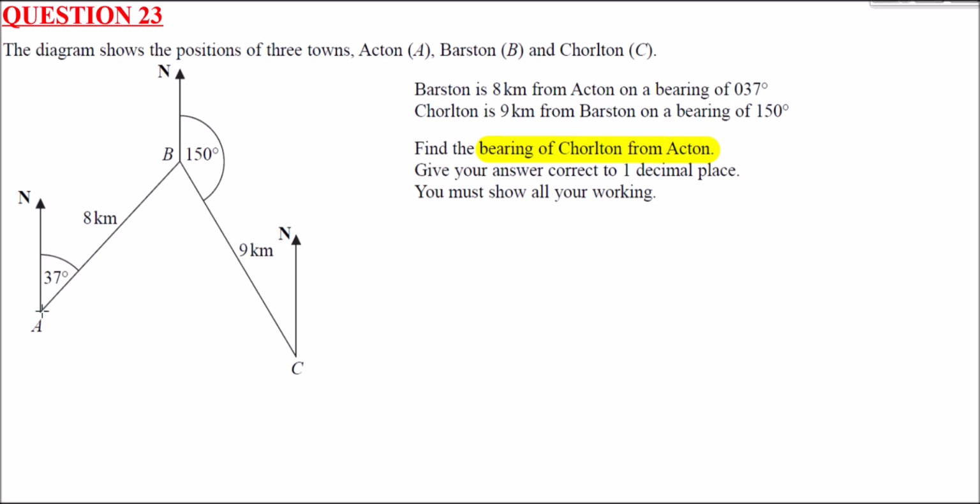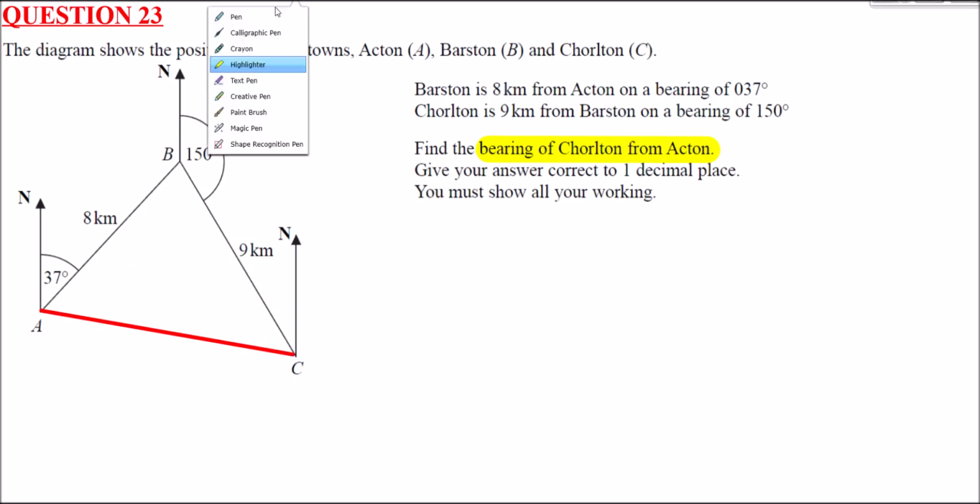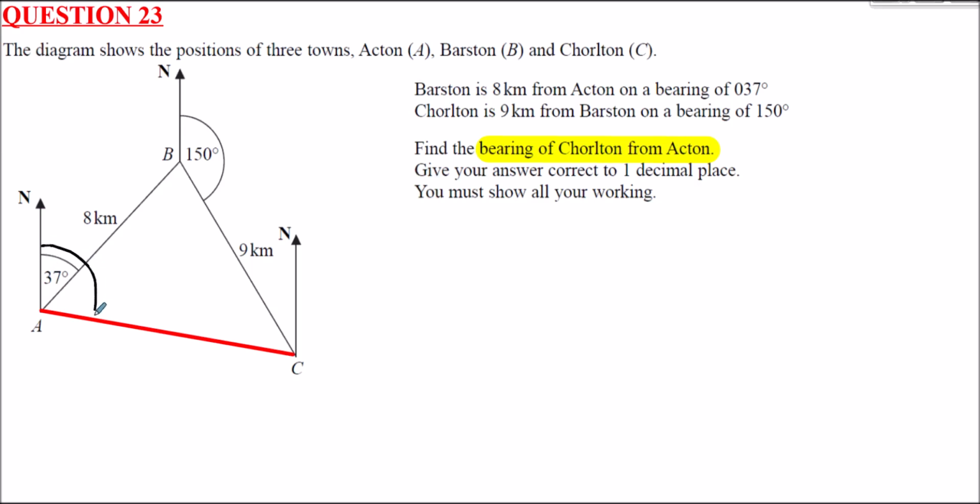So what I'm going to do first of all is join a line from A going to C. Chorlton from Acton, because I'm starting from Acton. You always start the bearing from the thing after the word from, measured from north. So starting north from Acton, I want to find this angle here. So I'm starting at Acton, facing north, and I turn around just enough so I'm facing Chorlton.